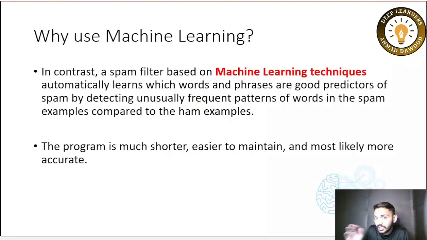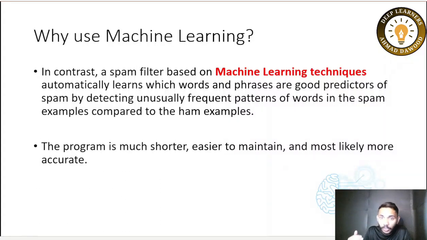But on the other side, when we see machine learning, a spam filter based on machine learning techniques automatically learns which words and phrases. You don't have to specify that if the words 'for you', 'credit card', 'amazing' are present in some email, then this email will be a spam email. You just feed the data.